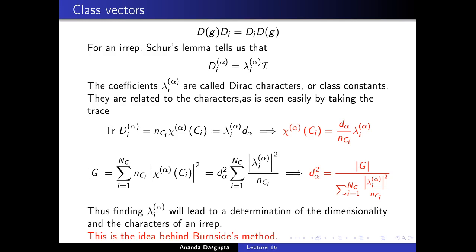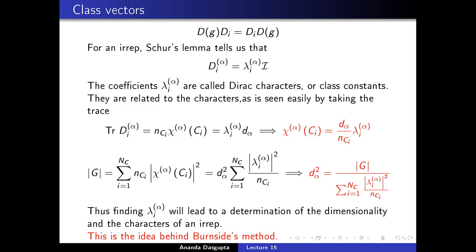That is, we will derive an approach for finding out the lambda i's, and from there we are going to find out the dimensionalities of the irreps and the characters of the irreps. Now, Burnside's method depends on a particular property of these class vectors. Before I go on to describe the method in detail, let me just talk about a particular example that will make this property clearer.